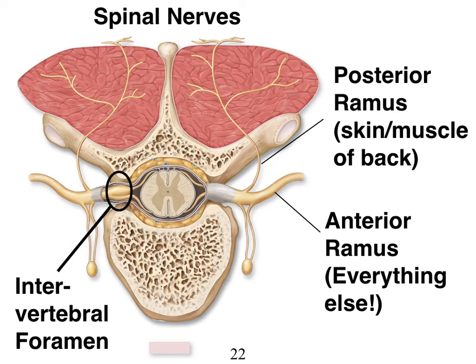So in the case of both the posterior and anterior ramus, we are talking about the complete spinal nerve that carries both motor and sensory information at the same time. So both the ramuses, I should call them rami, anterior and posterior rami, and then the spinal nerve, they all carry both sensory and motor signals.